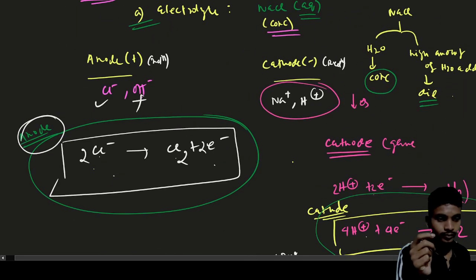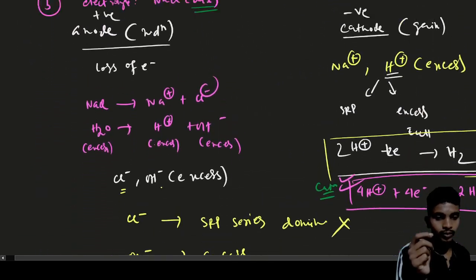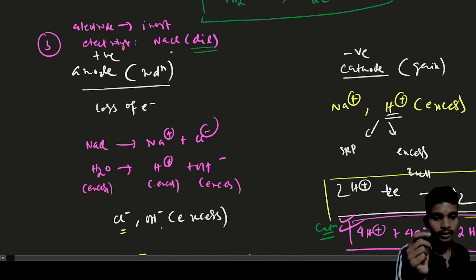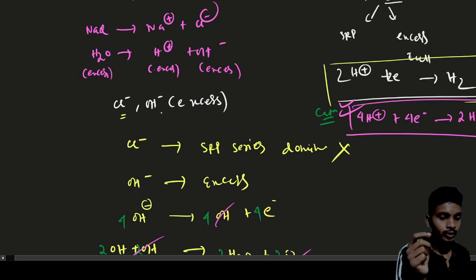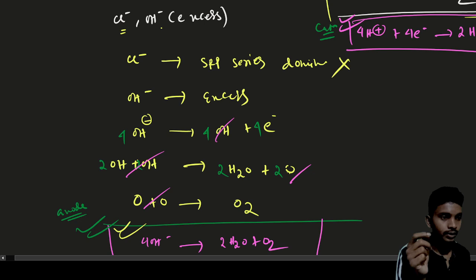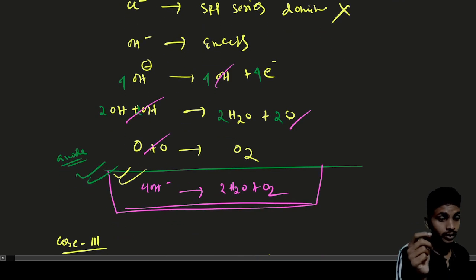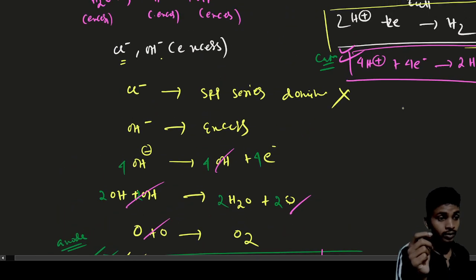Okay, and for this case, if you add excess amount of water, then what are the reactions happening? OH- is being used and H+ is being used. It means H+ is used here, and OH- is used here.